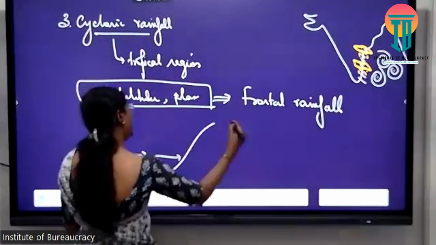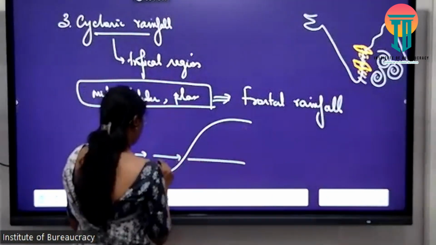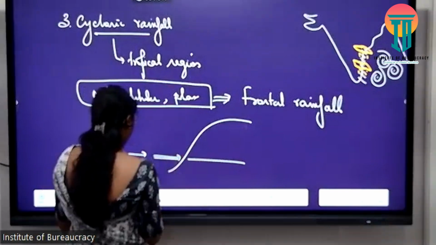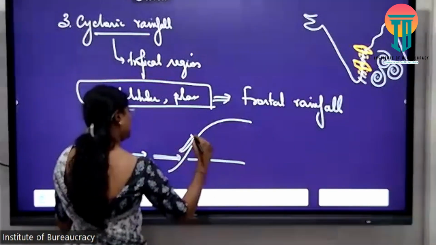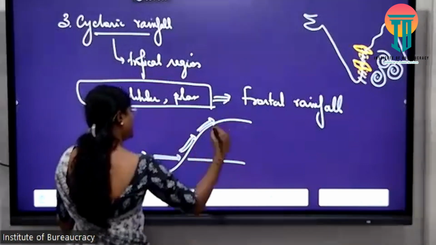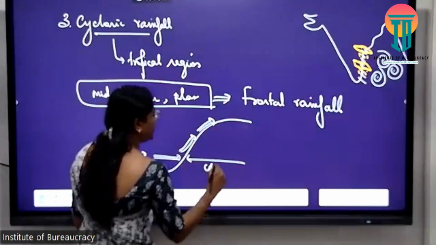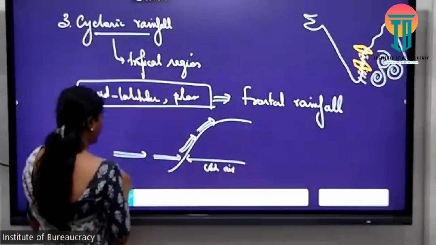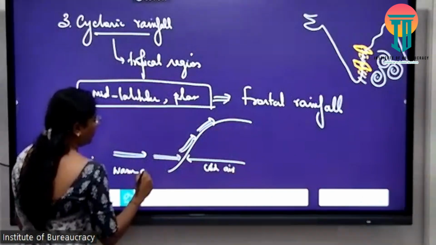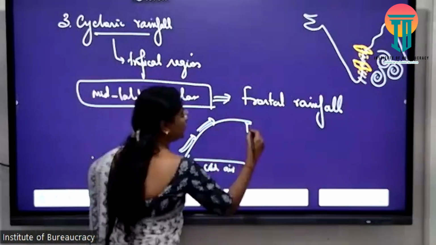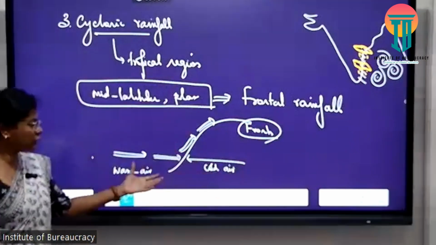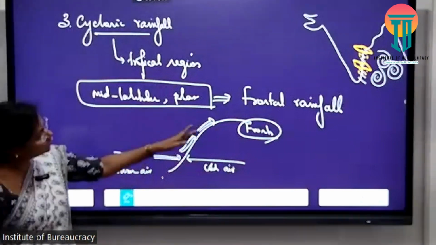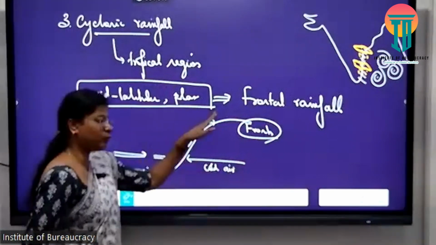As we saw last class, when warm air and cold air converge, fronts are developed. The boundary between these two air masses is known as a front, and along the fronts the warm air would ascend.